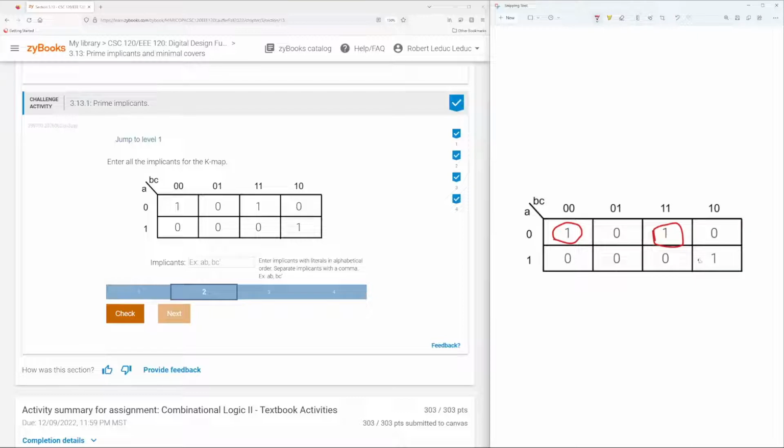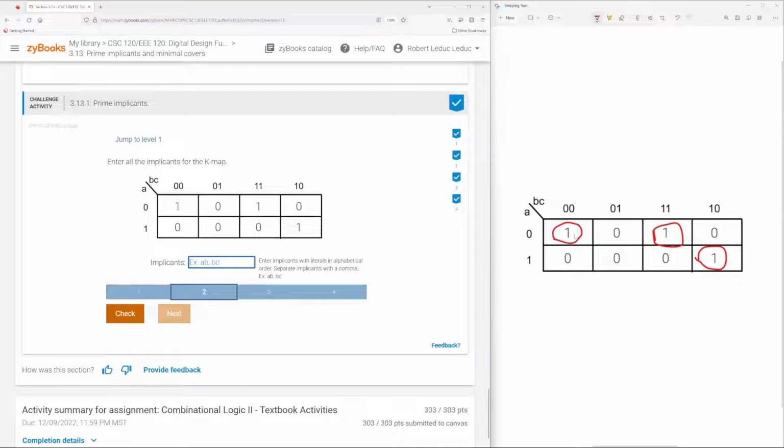If I circle all of the minterms that define when the function equals 1, I see there is no way to draw larger circles to cover multiple minterms at a time, since I can't skip over cells and I can't circle cells that are diagonal from each other. So in this case, the implicants for the K-map are simply the minterms themselves. We don't have any simplified terms that we can include in the set of implicants here.